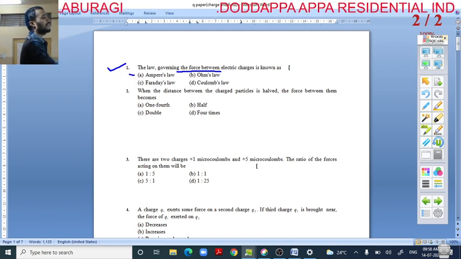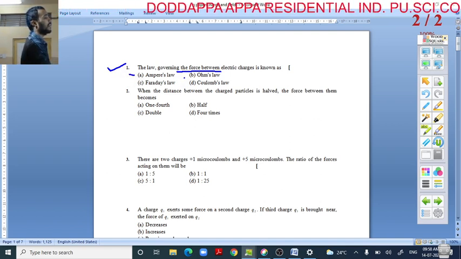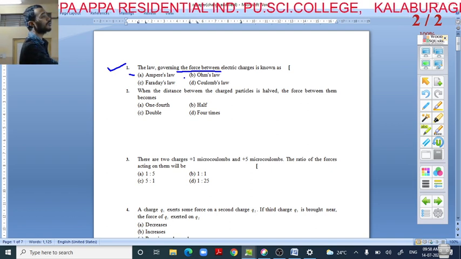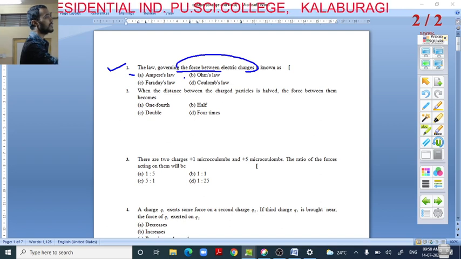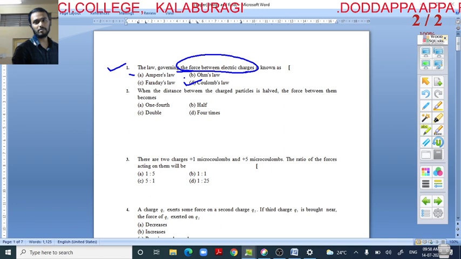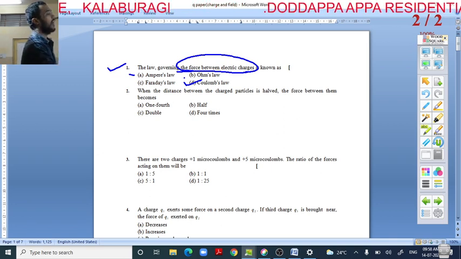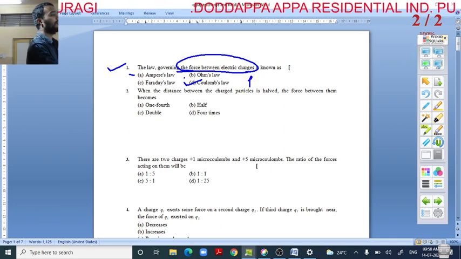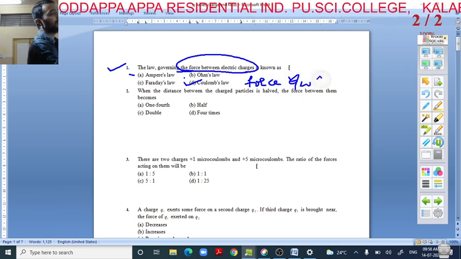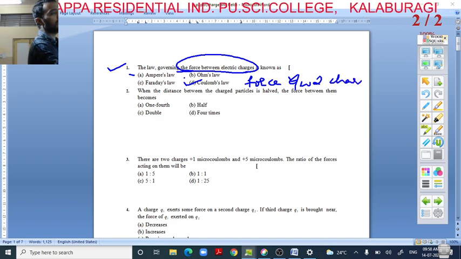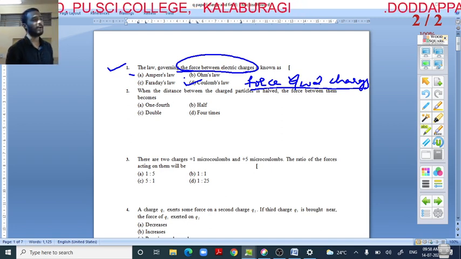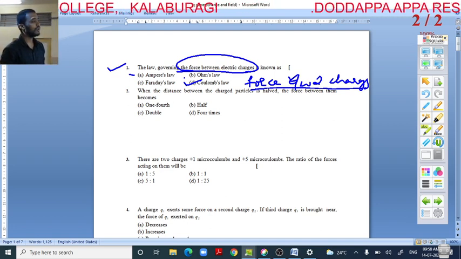Second one, Ohm's law. Faraday's and Coulomb's law. The law governing force between the electric charges is given by Coulomb. It is Coulomb's law that helps to find the force between two charges.